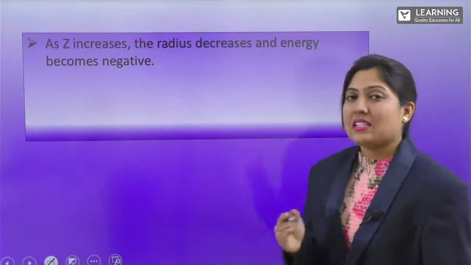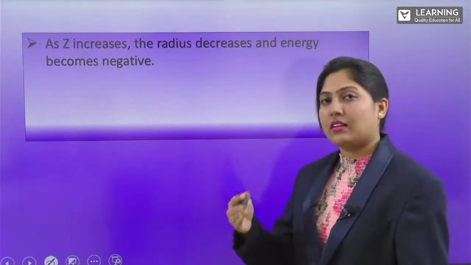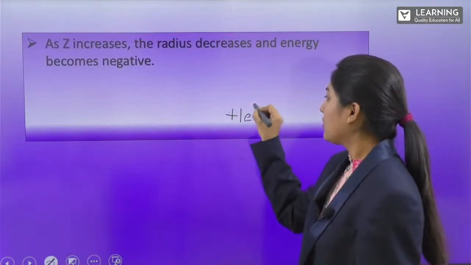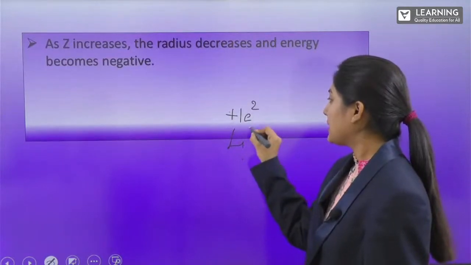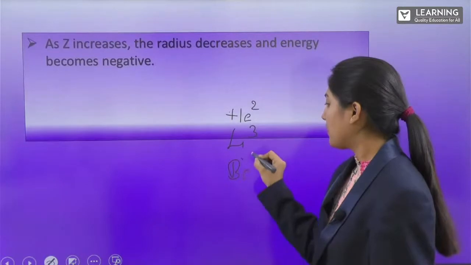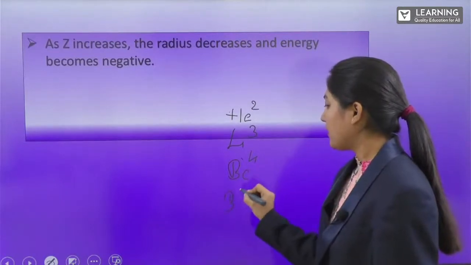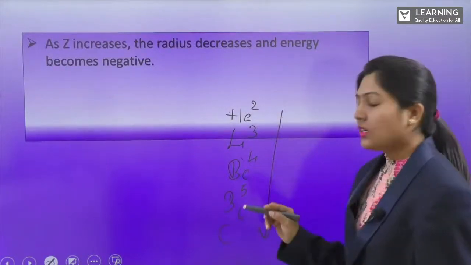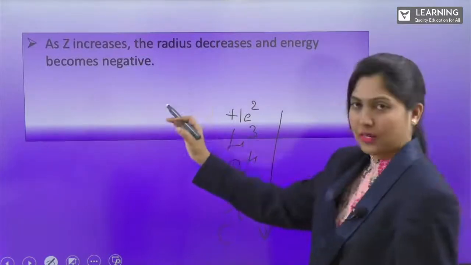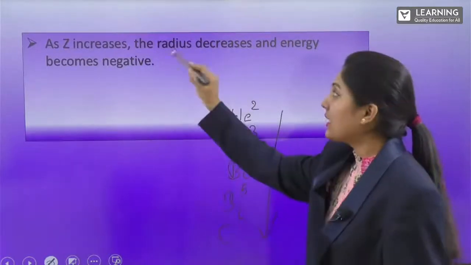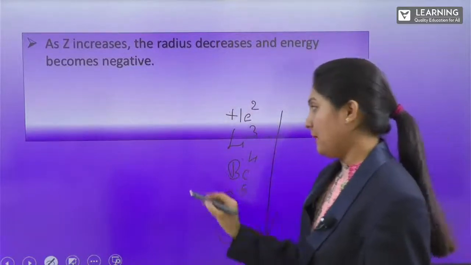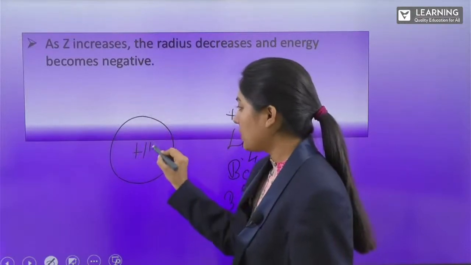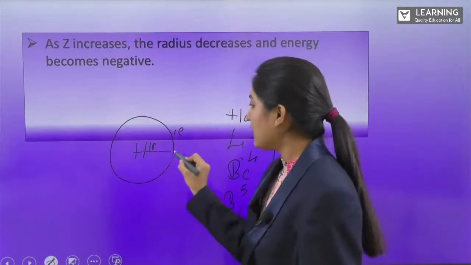Next we are discussing that as the atomic number increases, for example, hydrogen it is 1, for helium it is 2, lithium it is 3, beryllium it is 4, boron it is 5, carbon it is 6. If you see here, the atomic number or Z is increasing. As the Z increases, the radius decreases. For example, if I take the first orbit of hydrogen, hydrogen has 1 proton inside, 1 electron. So it will have this radius.